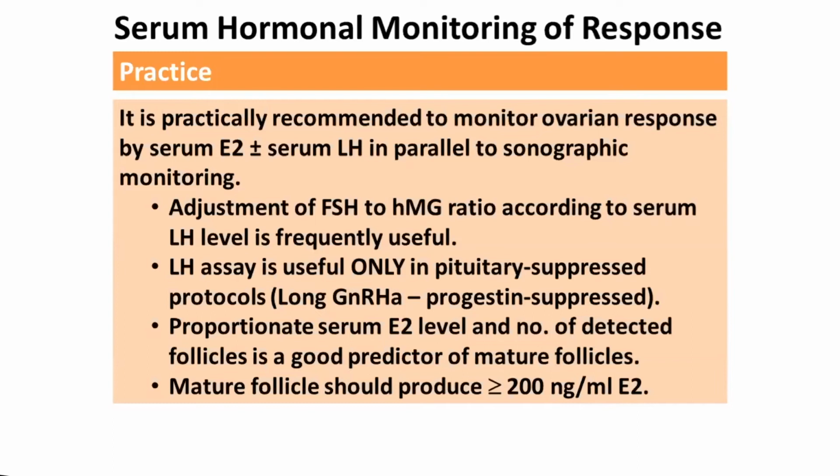A mature follicle should roughly produce around 200 nanogram per milliliter of estradiol in the circulation. So correlate between the measured serum E2 and the number and size of the follicles you see by ultrasound, and make sure that you have adequate E2 in proportion to the observed follicles before you take the decision to trigger.